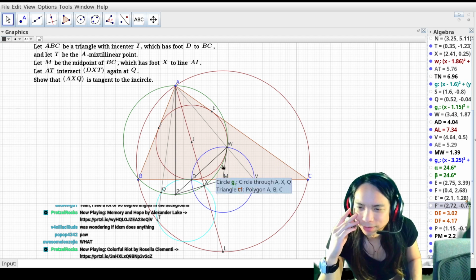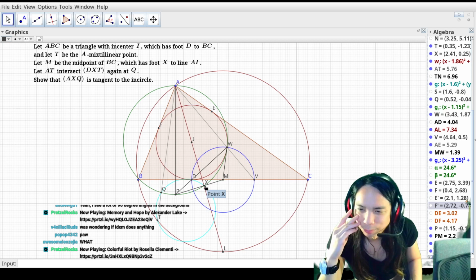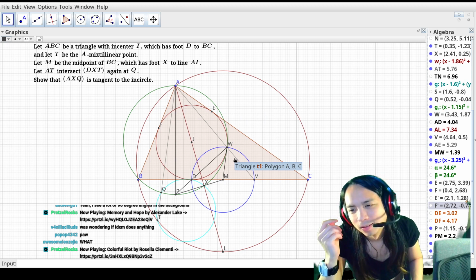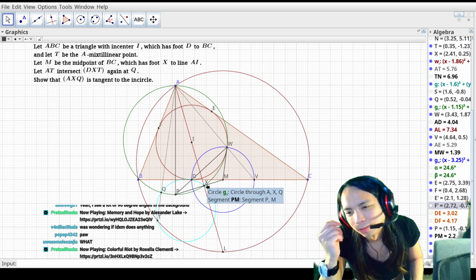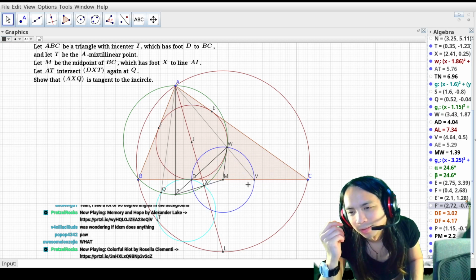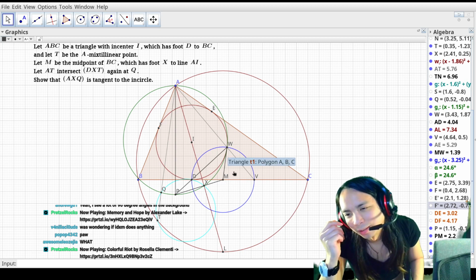It's literally just, if I let this be W and let this X be this thing, show that XAW is equal to XWM or something. Let me get this right.